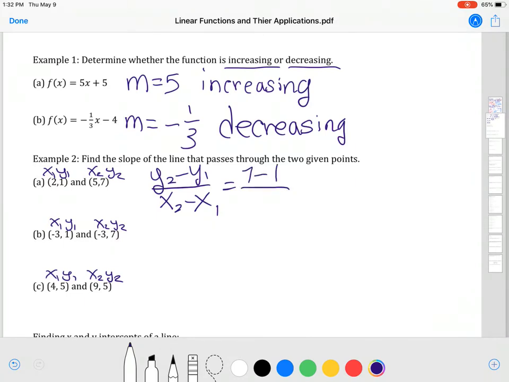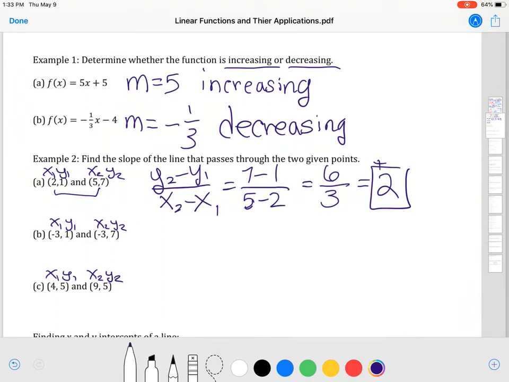So that's 7 minus 1 over, then my x2 minus my x1, which is 5 minus 2. So that's going to give me a 6 over 3, which is a 2. This means when I graph the line that passes through these 2 points, for every time I go over 1 in x, I'm going to go up 2 y values, or 2 units vertically. And this also tells me, because it's a positive 2, that it's going to be increasing left to right.